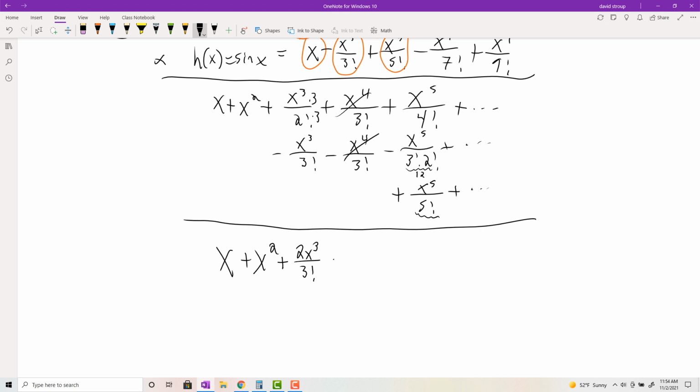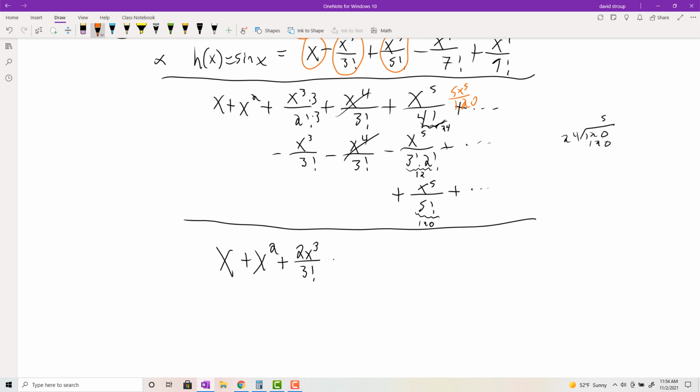The denominator here is 120, 5 factorial. The denominator here is 24, I believe. Okay, so does 24 go in the 120? 5 maybe? Yeah. So I need to multiply top and bottom of that by 5. So I'll end up with 5x to the 5th over 120.